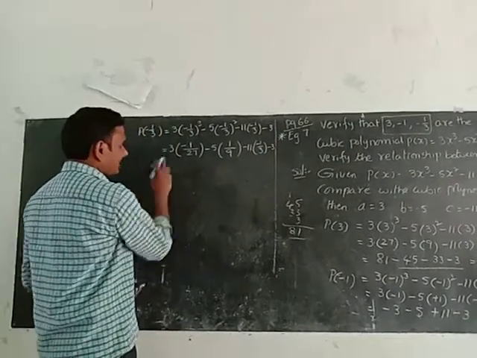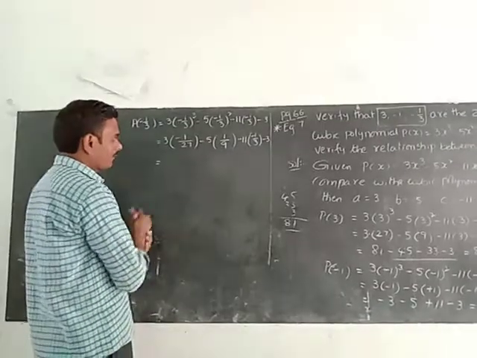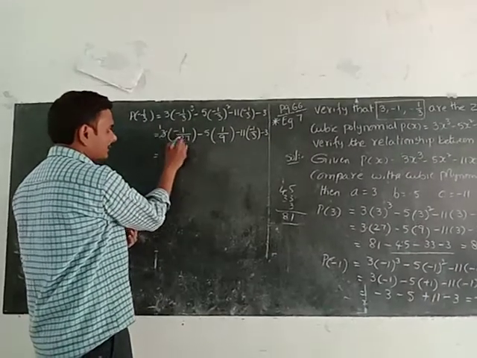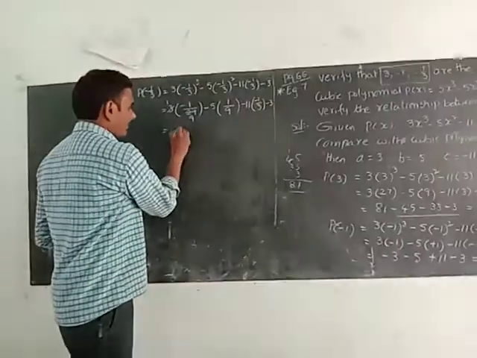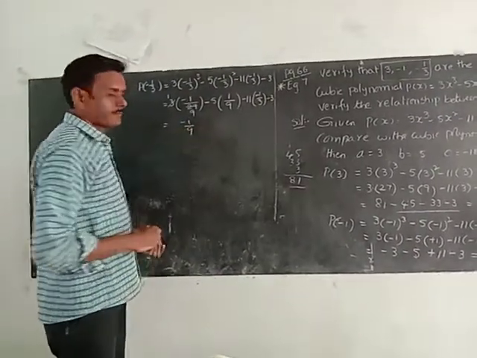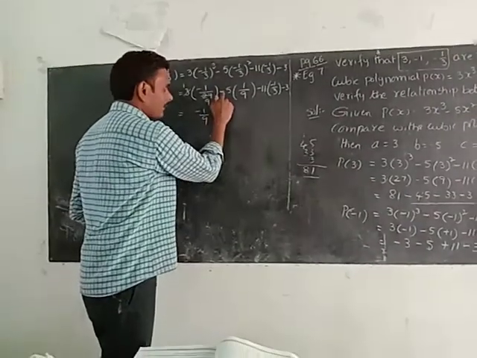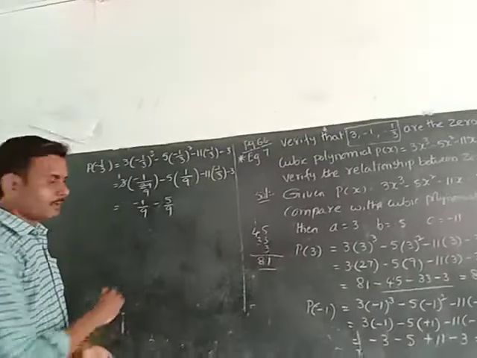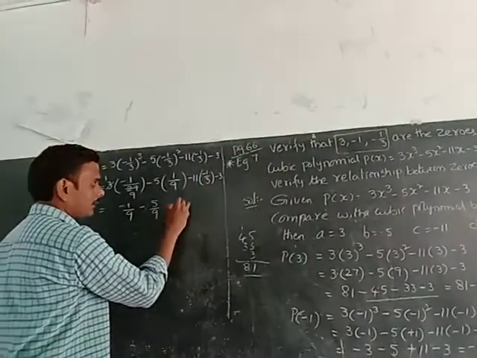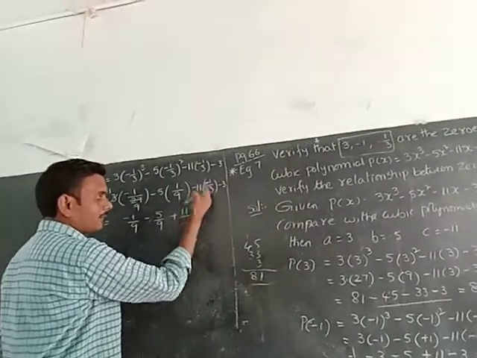Now simplify this one. Otherwise you can cancel: 3 ones are 3, 3 nines are 27. Now minus 1 by 9, minus 5 by 9. Minus into minus is plus, 11 into 1 is 11 only.